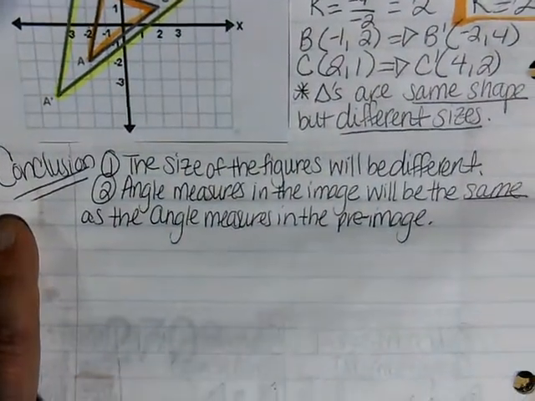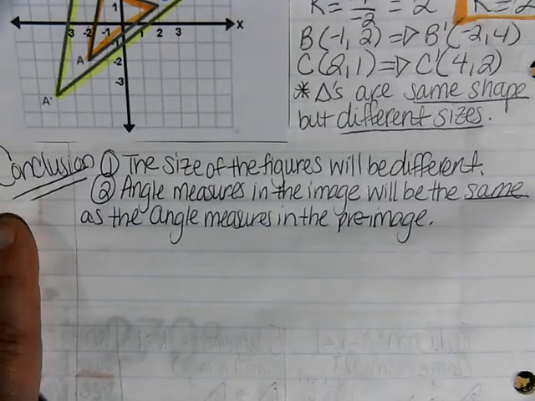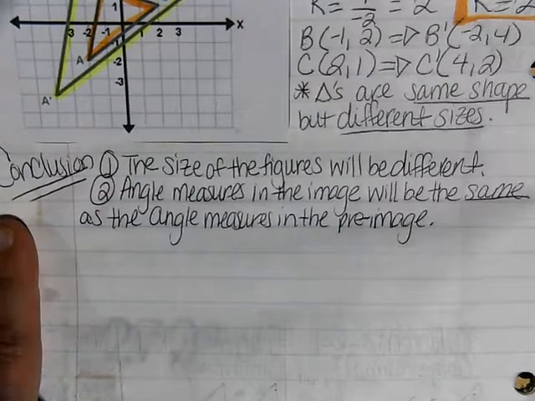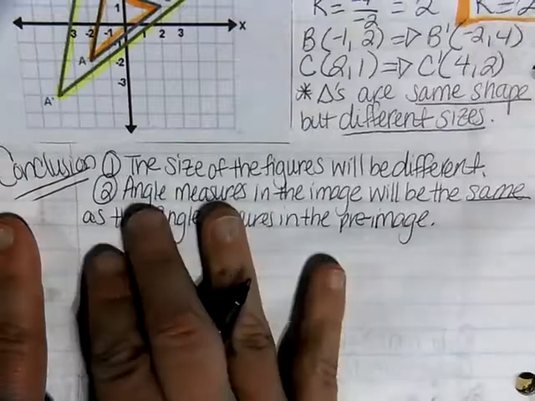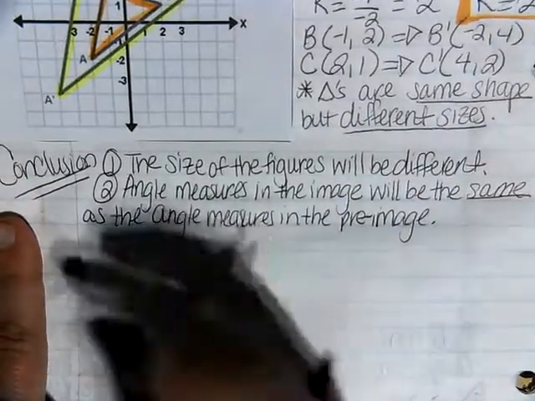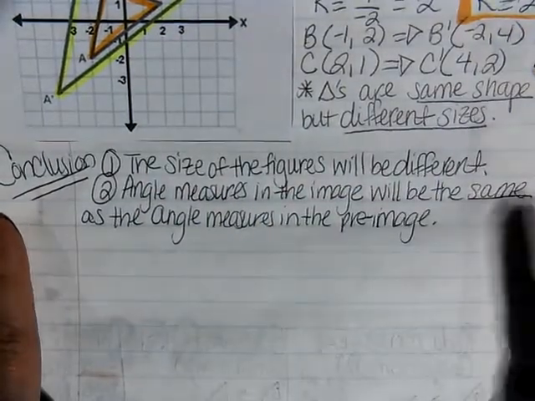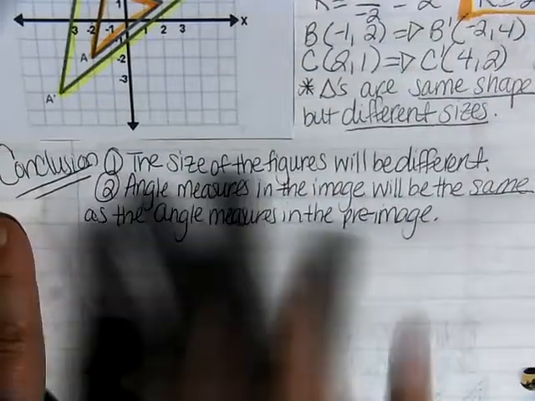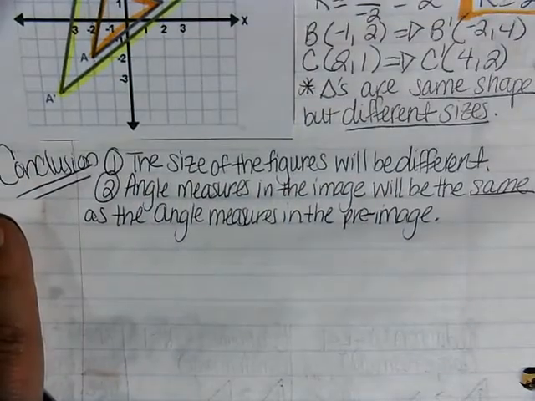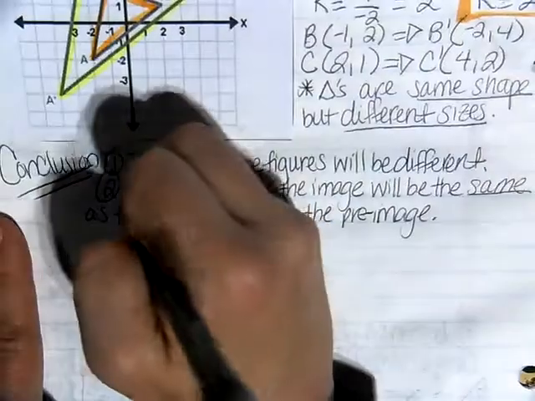So what that means is that the shape will be the same. Because the angle measures have been preserved, or are the same, this is the reason why our shape is the same.